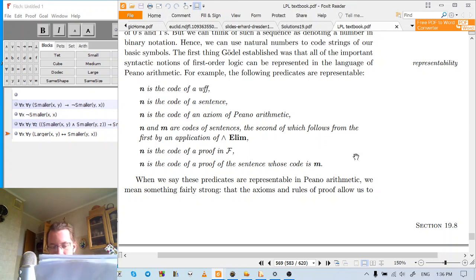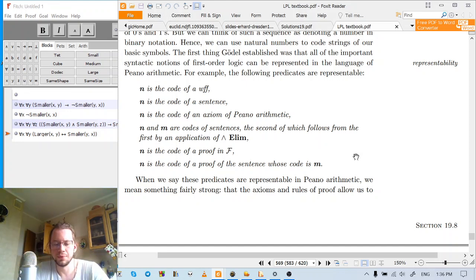N is the code of an axiom of Peano arithmetic. Okay, I guess I can just encode the axioms of arithmetic by numbers. That's easy.